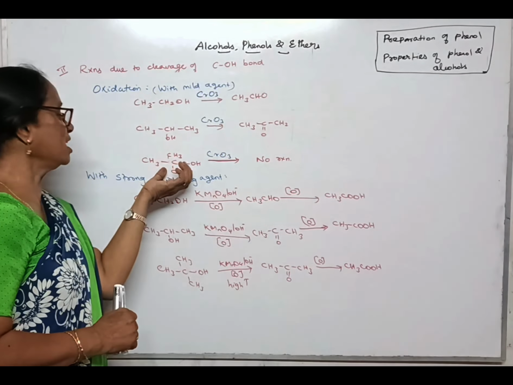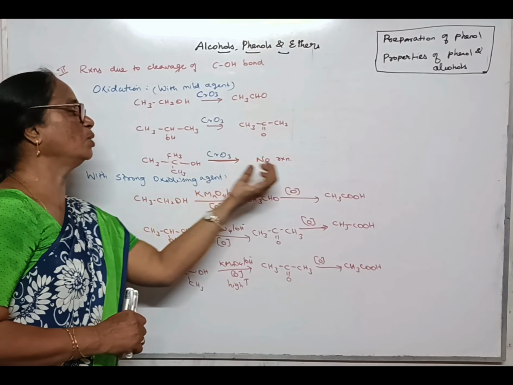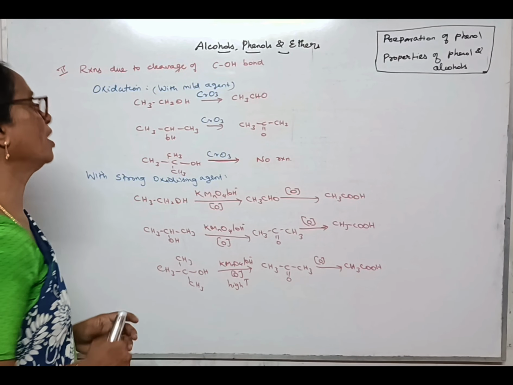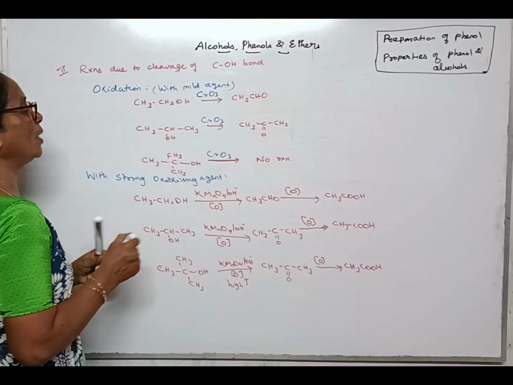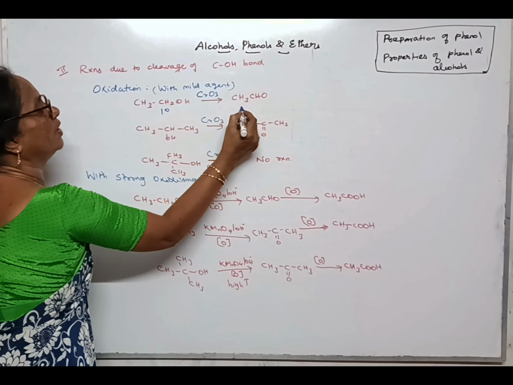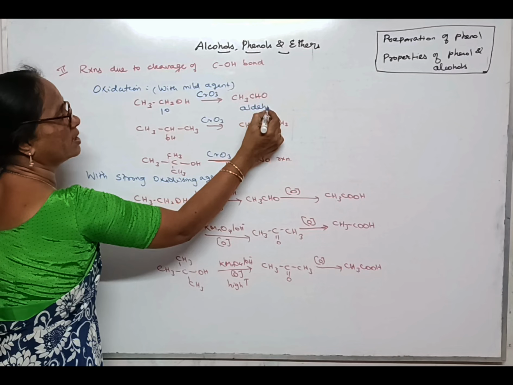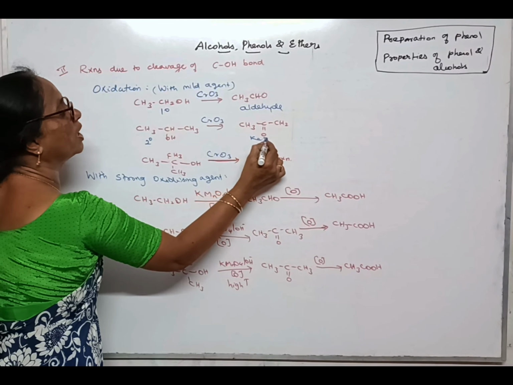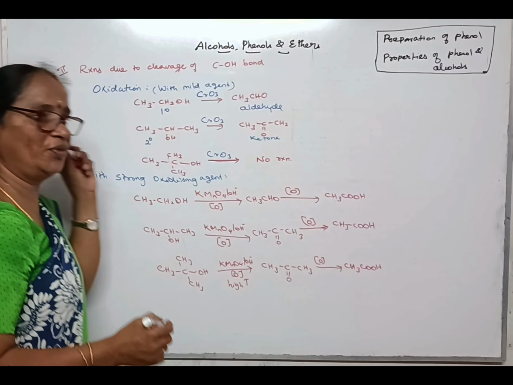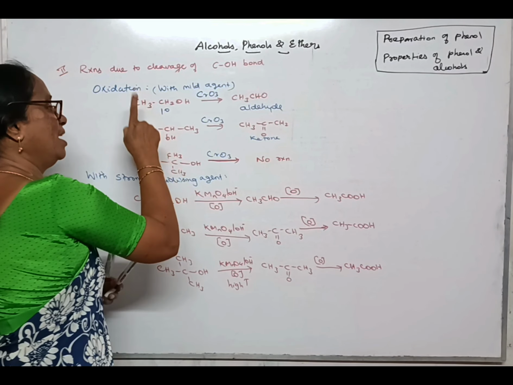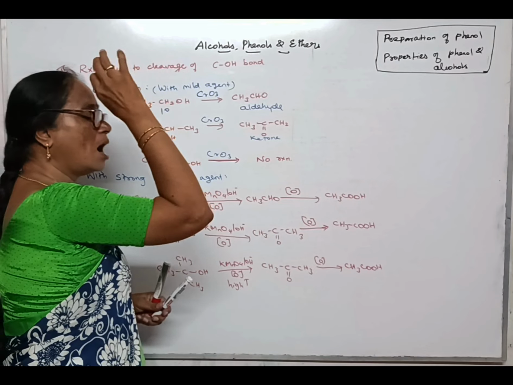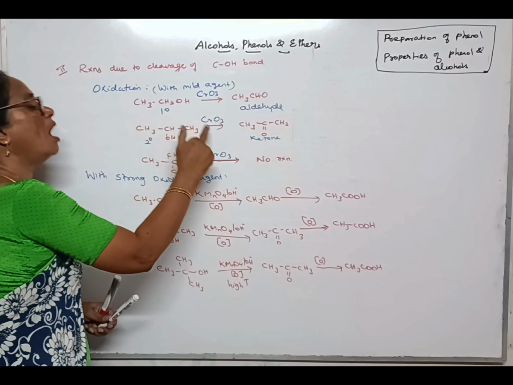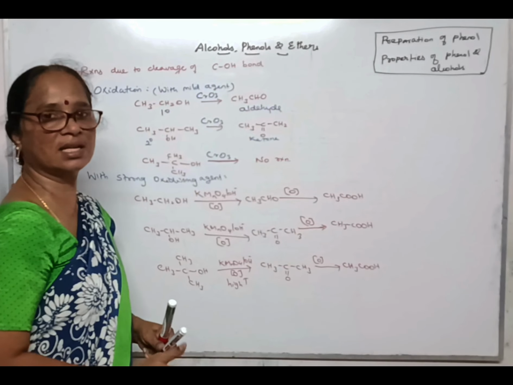But the tertiary alcohol does not undergo any change with a mild oxidizing agent. Here you may observe the primary alcohol gives aldehyde as the product, but the secondary alcohol gives ketone as the product. So we have to note, primary alcohol on oxidation always gives aldehyde. Secondary alcohol on oxidation always gives ketone.